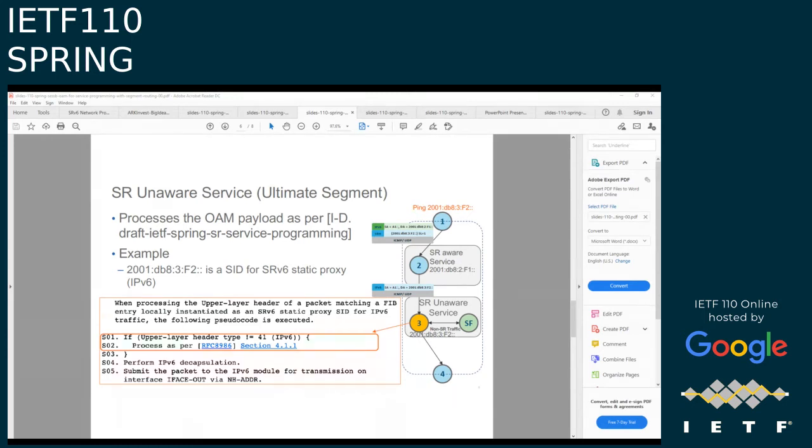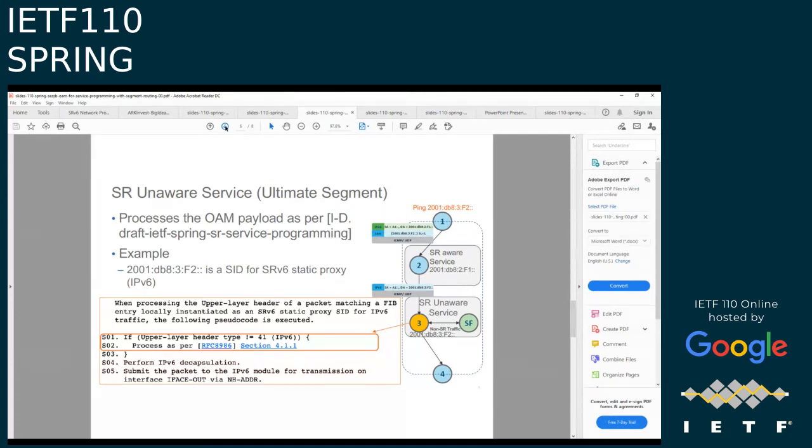So node number 3 received the packet with the IPv6 DA set to its local service SID with an ICMP or UDP payload as the next header. The SR service programming draft has pseudocode to handle that. In this example, we're going to assume that the SID being pinged is an SRv6 static proxy SID.